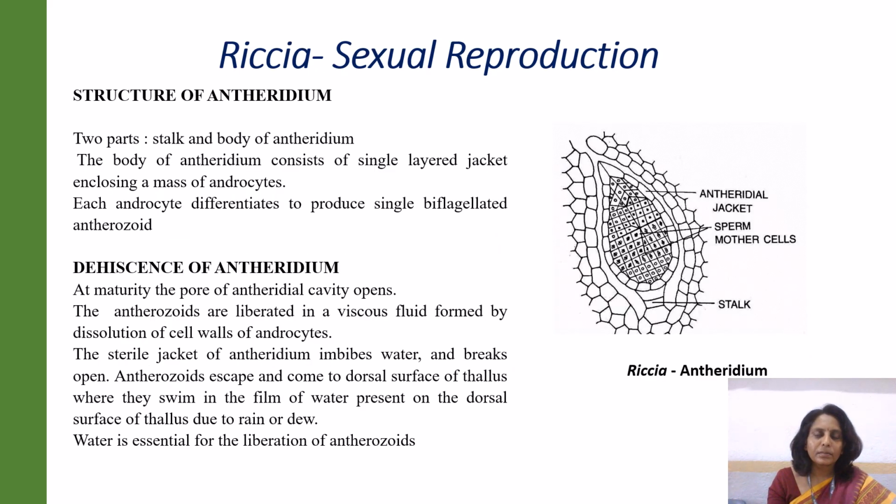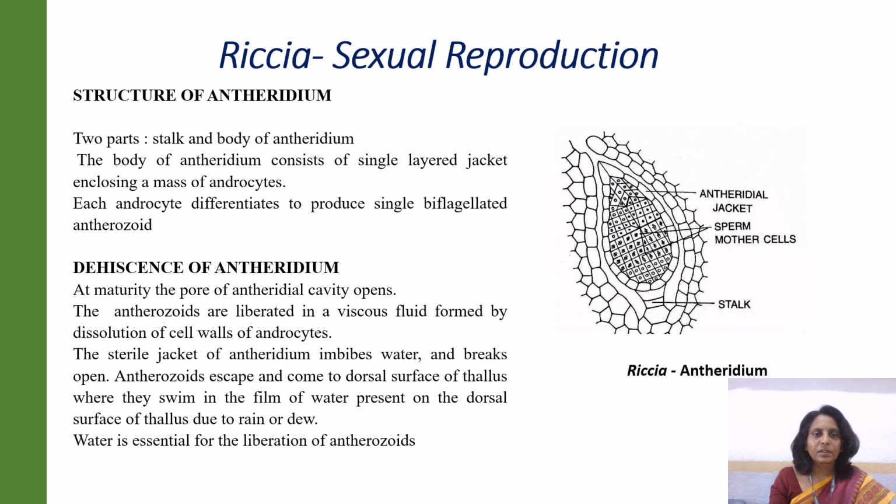The antheridium, which is the male reproductive sex organ, is differentiated into a lower short stalk and an upper body. The body of the antheridium comprises a single-layered jacket which encloses a numerous mass of androcytes. Each androcyte differentiates to produce a single biflagellated antherozoid.